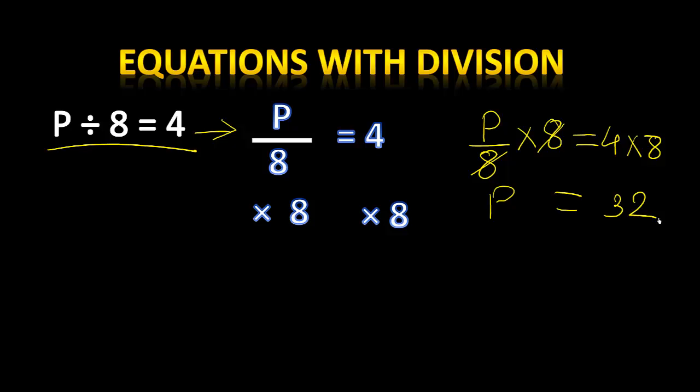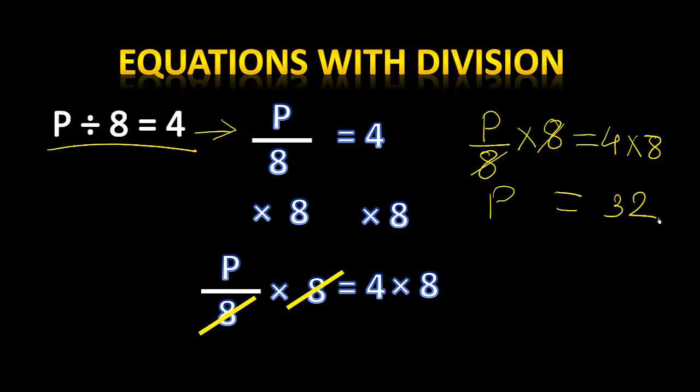The same thing is written right here, but in better handwriting. So p by 8 multiplied by 8 is equal to 4 times 8. So p is equal to 8, like this. Sorry, p is equal to 32.